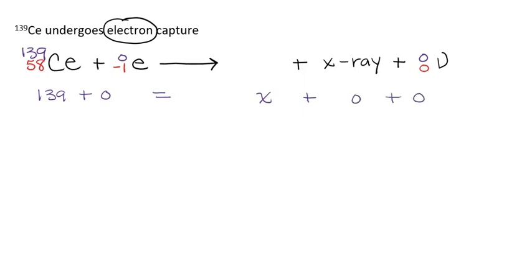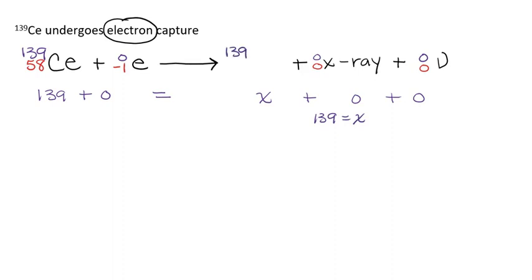The X-ray has no mass and no charge, but it is not the convention to write those numbers there, and so we won't. But I'm just showing you here so you see that there are numbers attached to it. So what we end up with is 139 equals X. So the mass number doesn't change.